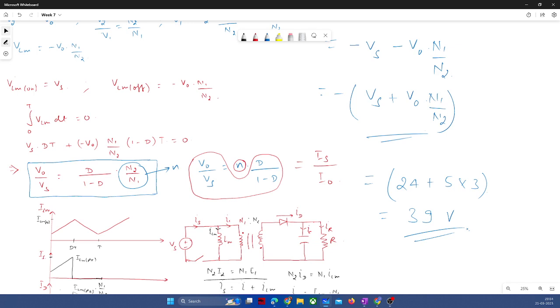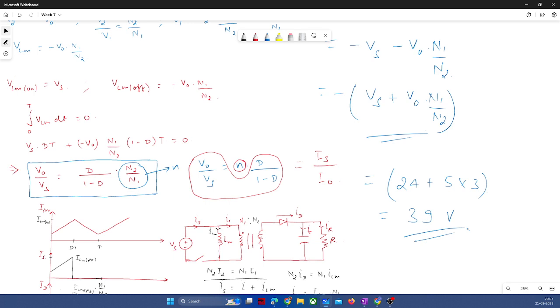Sir, the switching frequency will be limited by how fast the core reset is. The first thing is your device capability. In one time period you need to do a reset once.